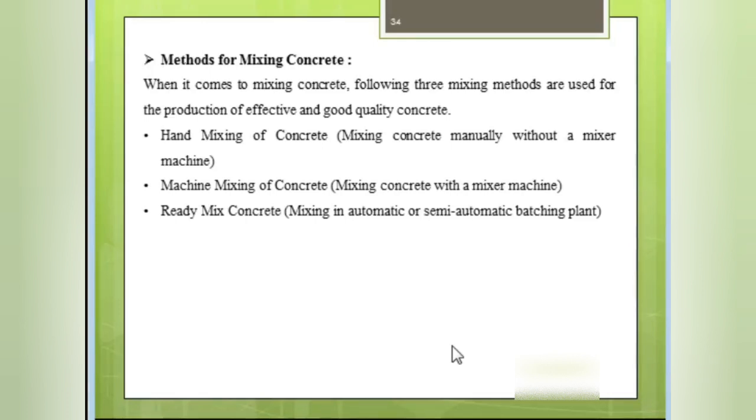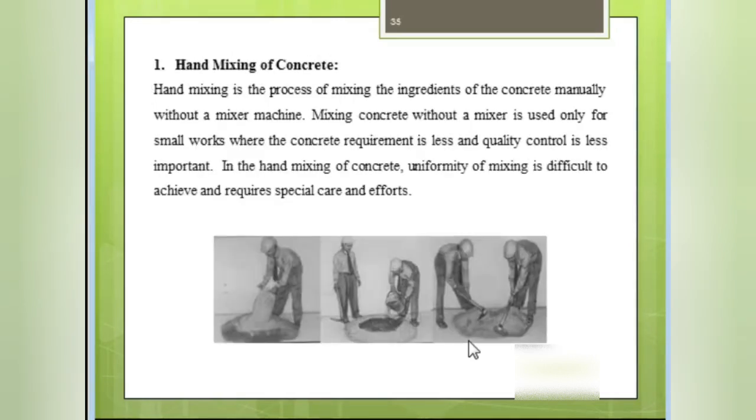And the third one is ready mix concrete, that is called RMC nowadays. It is a particular plant where the ready mix concrete is available, and by transport we can carry it to our particular site for concreting.